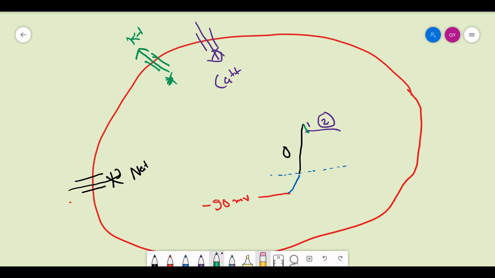Now as the calcium channel closes and potassium channel opens, now membrane will go to repolarization and reach the resting membrane potential.